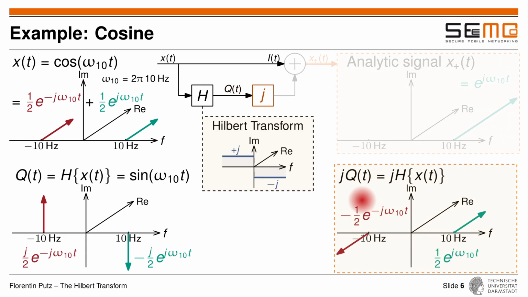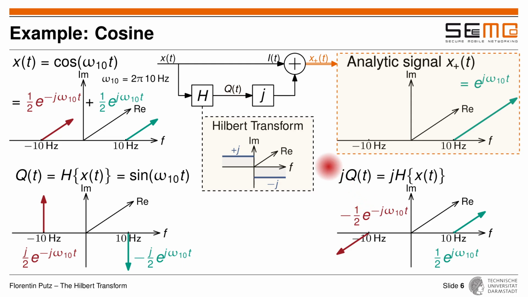Now to form our final analytic signal, we add these two things, and now we have a complex signal, the analytic signal x plus, and we basically can think of this as adding the phasors of this original real part here and this imaginary part here. So we add these phasors one by one.